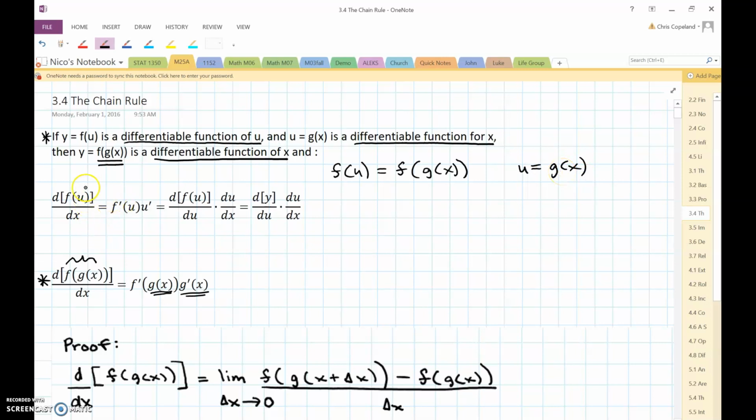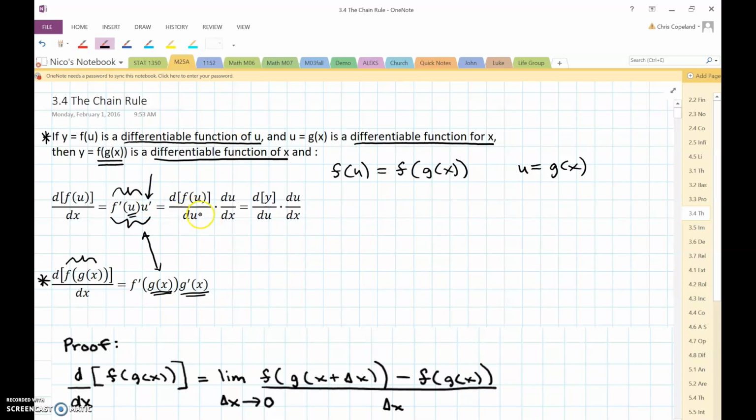So this rule here is stating the same thing as this. You're taking the derivative of f with u plugged into it, and then you take the derivative of u.